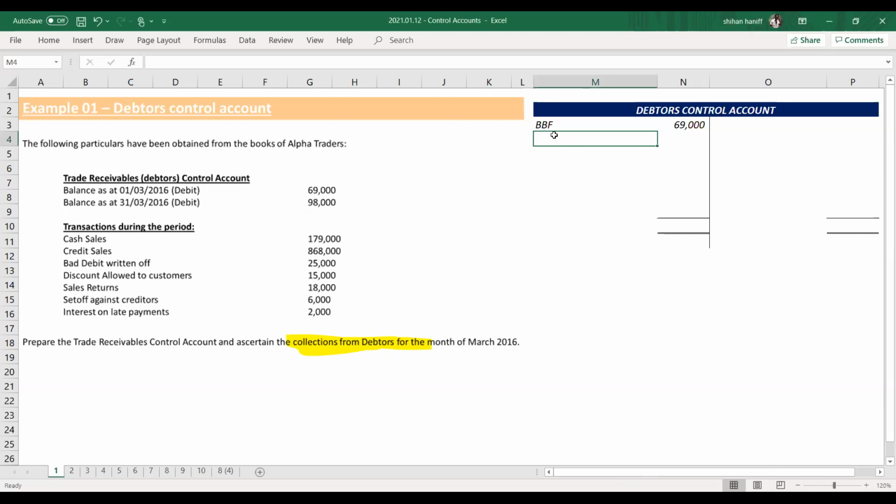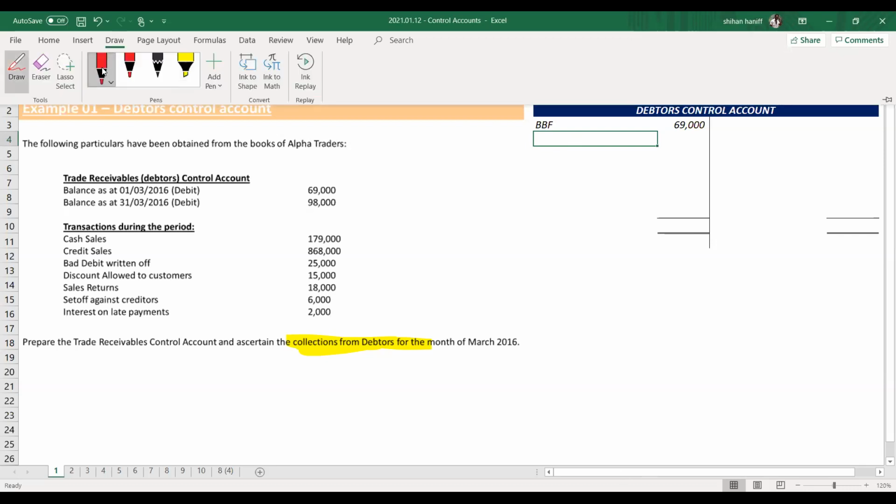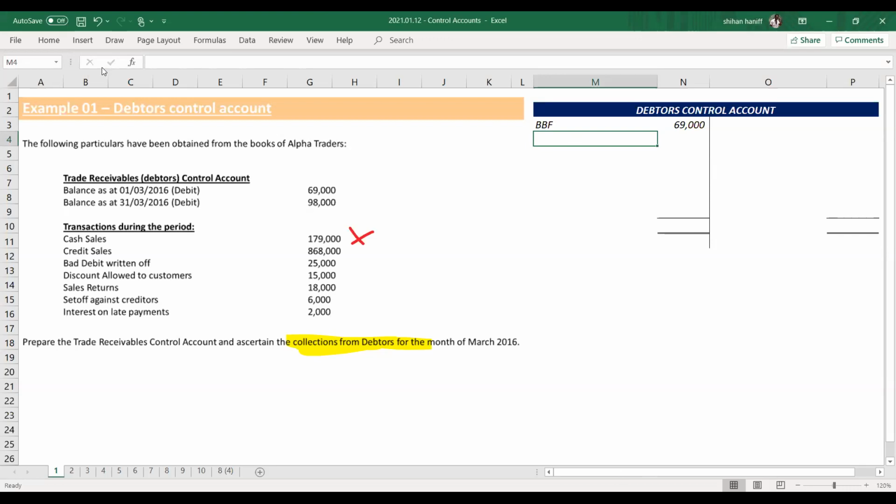Right. Do you take credit sale, cash sales? No, we don't take cash sales because this is debtors control. This is debtors account. For debtors account, we don't take cash sales. But if you have taken the cash sales, that's wrong. So only credit sales will be taken. 868,000.